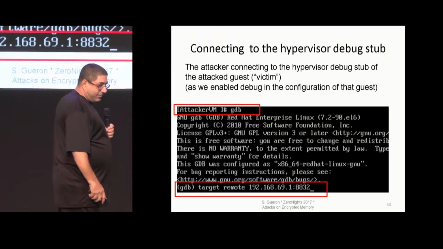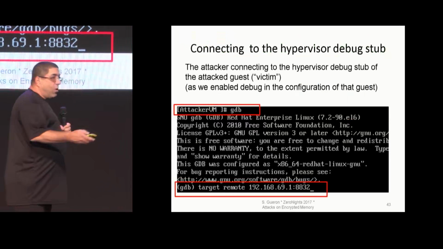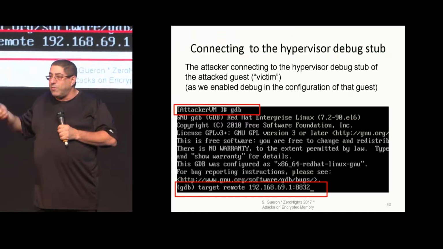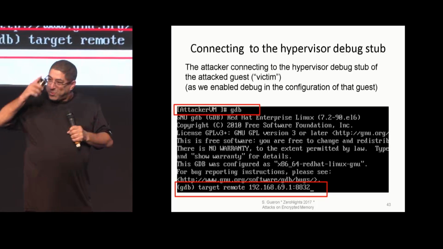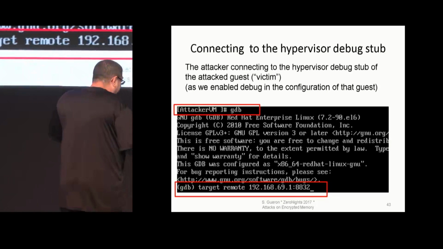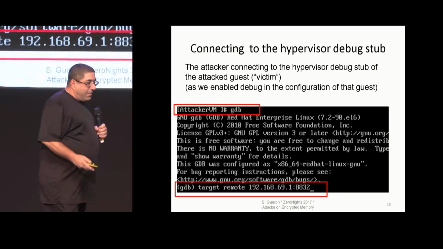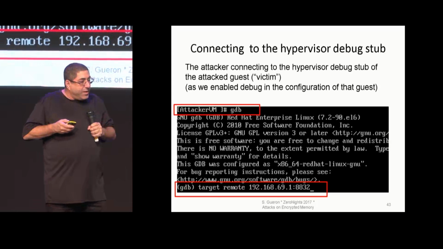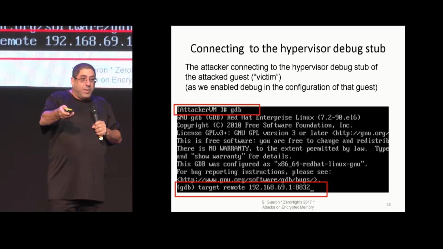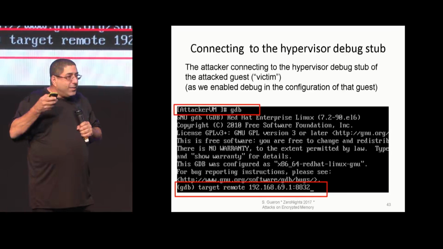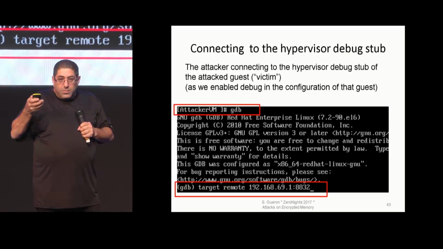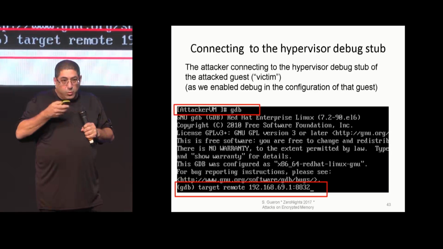So here it is. This is the flow. In the end, I'm going to show a video that actually shows this. But now you are being trained, so you could follow, and you will see the snapshots of these things. So, first of all, the hypervisor connects to the debug stub of the guest VM. Why does the guest VM allow some hypervisor to debug it?